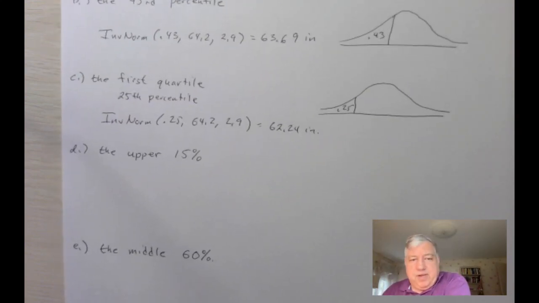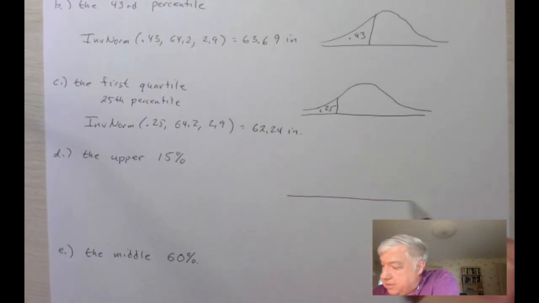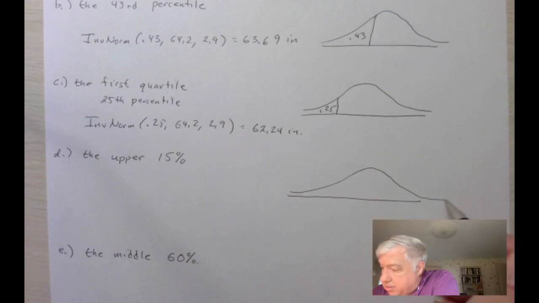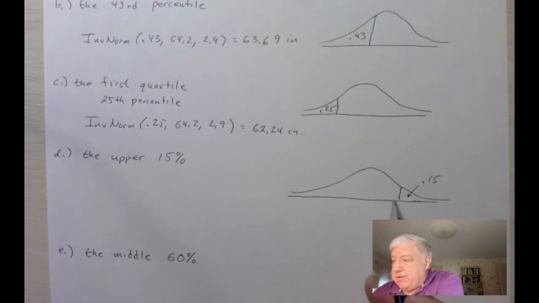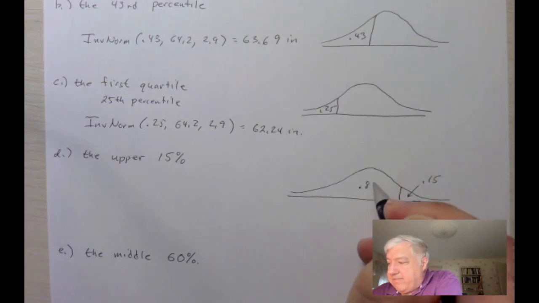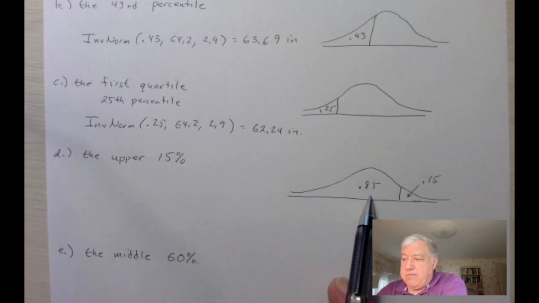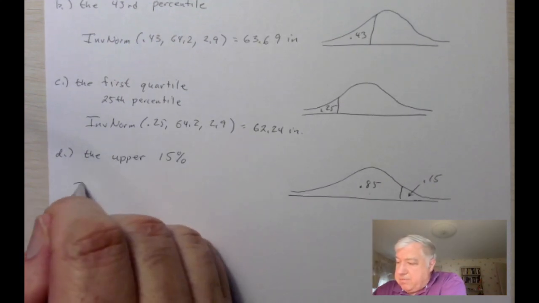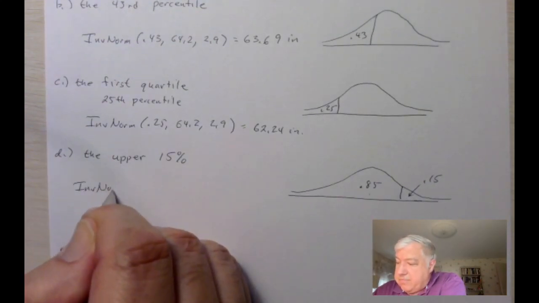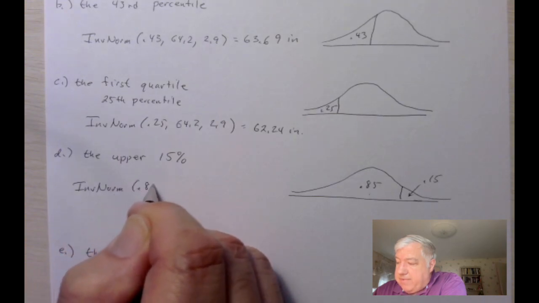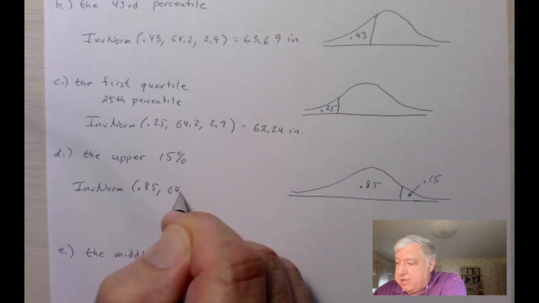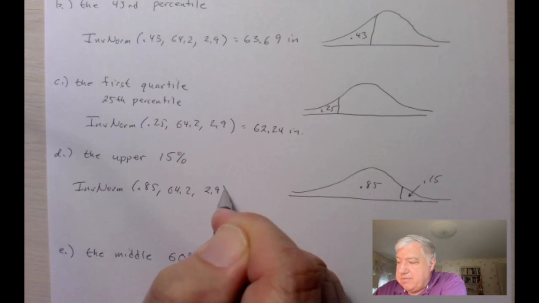The upper 15%, okay, we're talking about this area, would be 0.15, so the other area would be 0.85, and that would be what we want. So this would be inverse norm of 0.85, 64.2, 2.9.